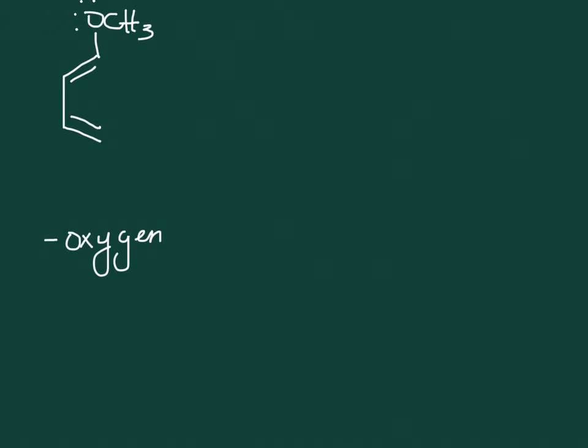So let's take a diene. Okay. When we have an oxygen, such as an alcohol or an ether, these groups are electron donating groups.